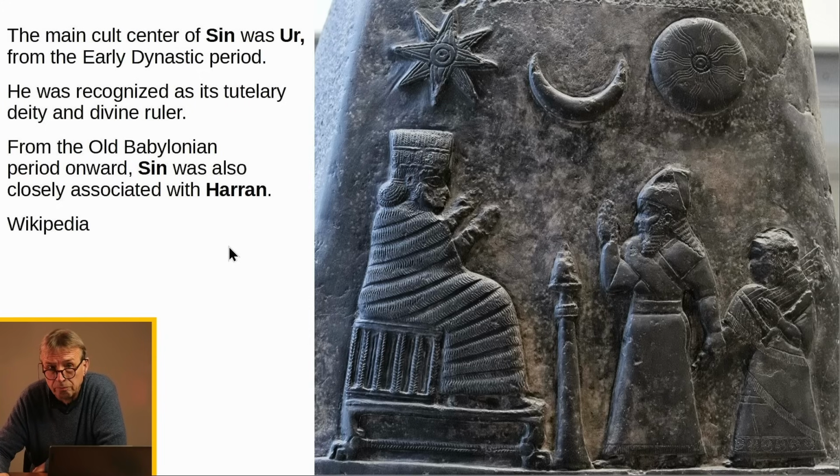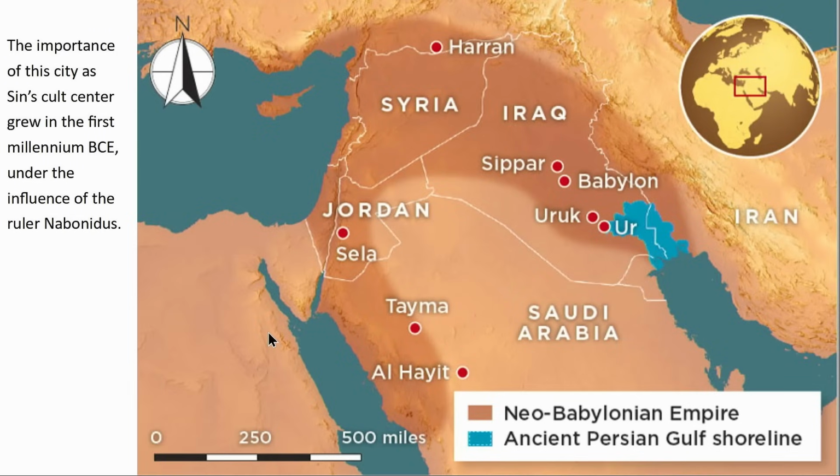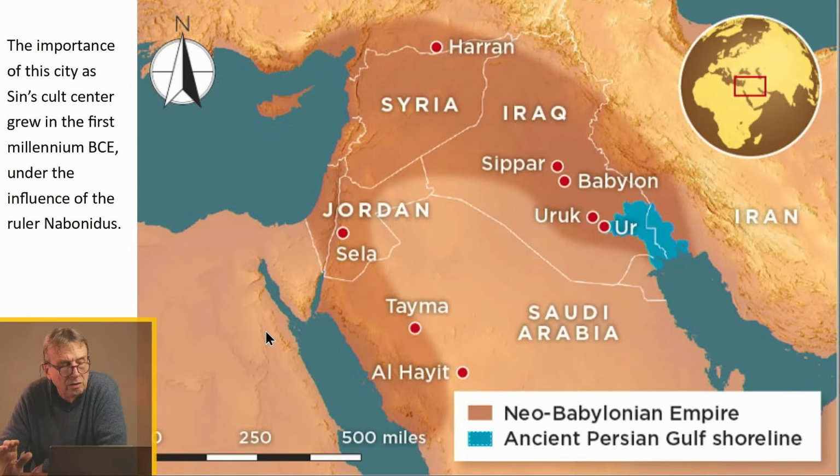Okay, the moon. This is according to Wikipedia. The importance of Harran as the cultural center for Sin grew all over during the first millennia, especially under the influence of the ruler Nabonidus. And in the future talk about the moon, I'll come back onto that.